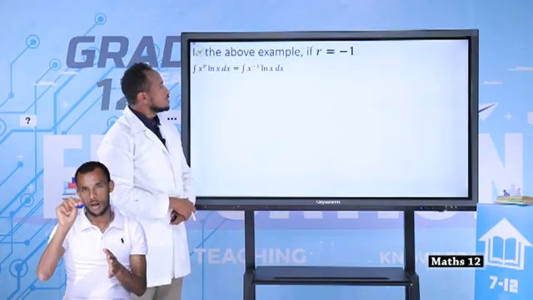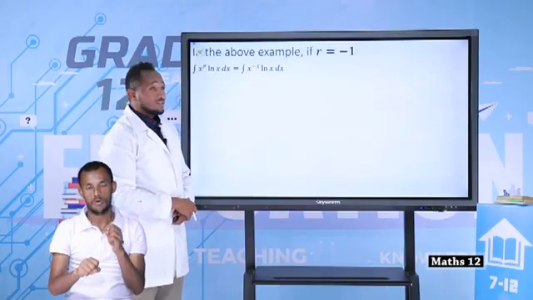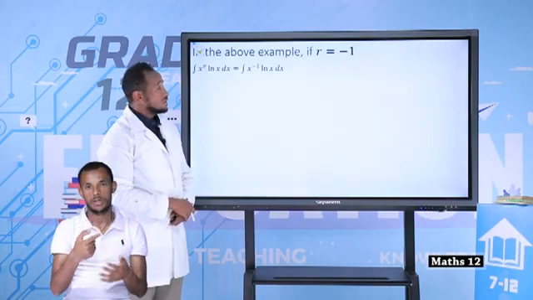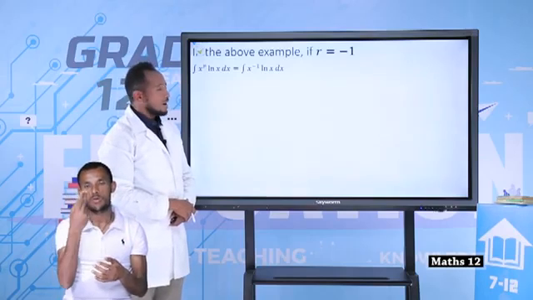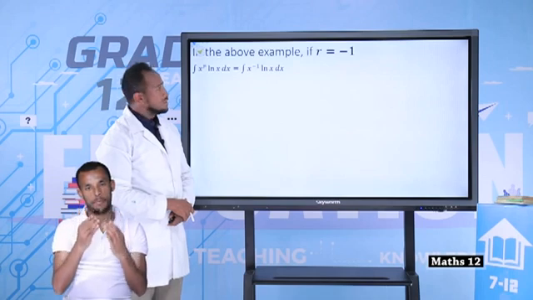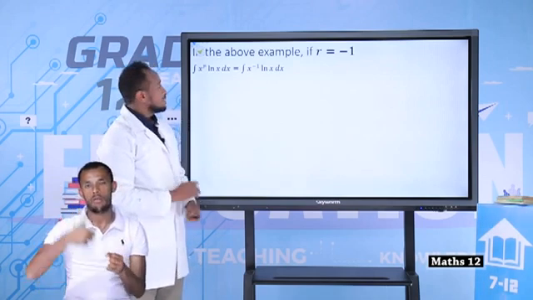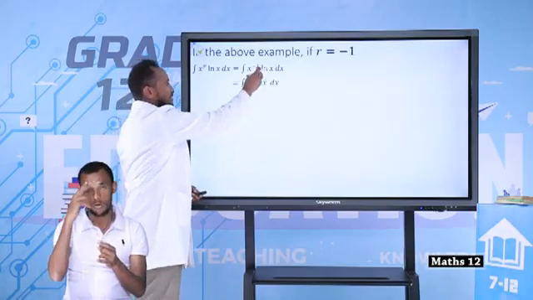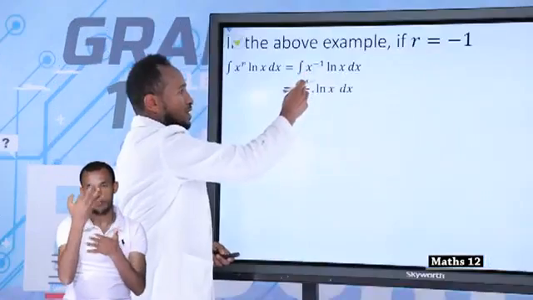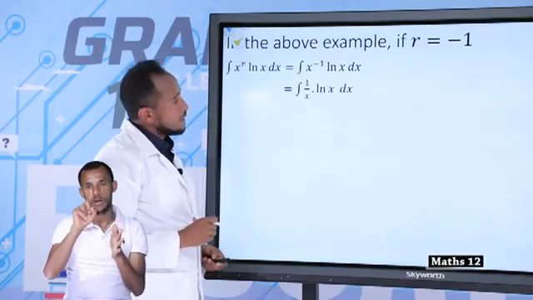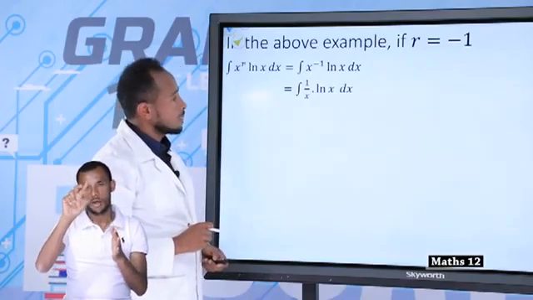So to integrate this, you will not use integration by parts. We will use another technique, because you can write this expression in this form: x to the power of -1 is 1 over x, times ln x dx.